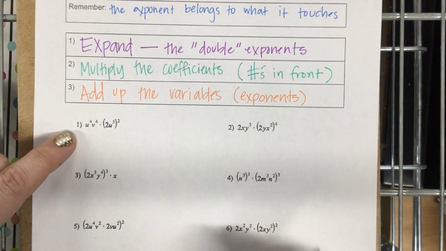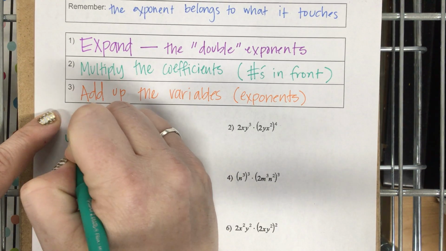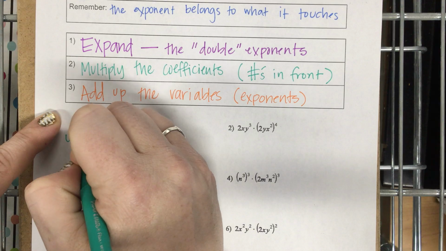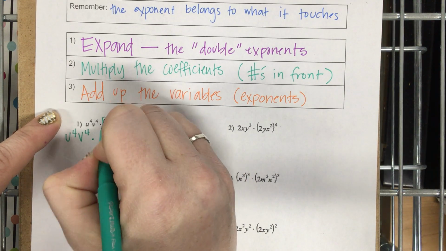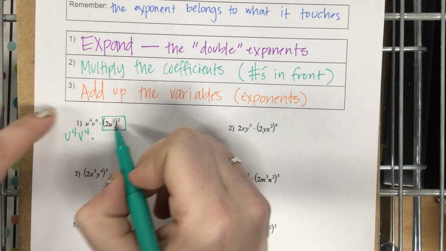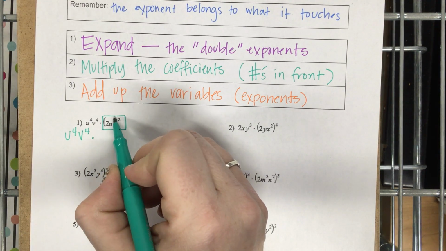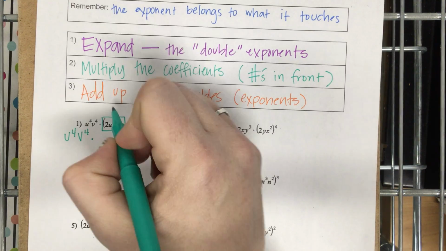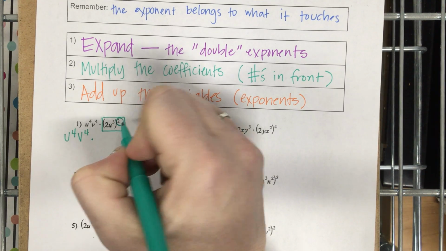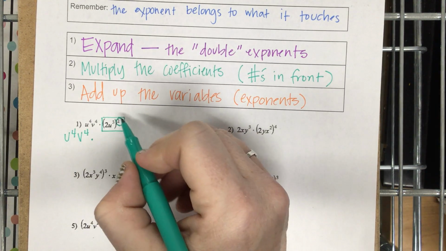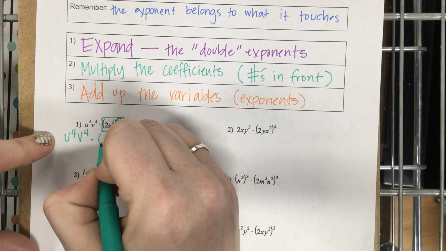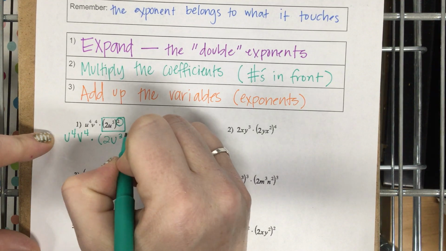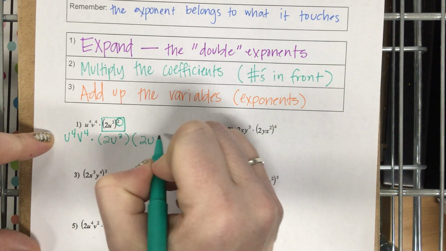So if I look down here at example number 1, I've got u to the 4th, v to the 4th, times, and then I've got this double exponent right here. And this double exponent means 2u to the 3rd squared. So it means whatever this exponent of 2 touches, and it touches the parentheses, that means the parentheses happen twice. So I'm going to put 2u to the 3rd and 2u to the 3rd.